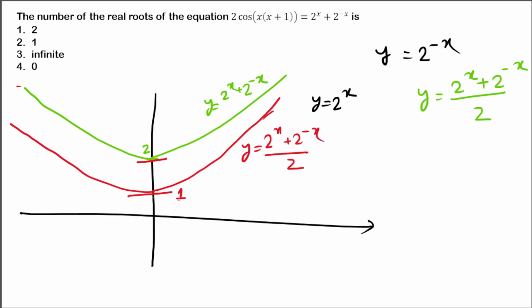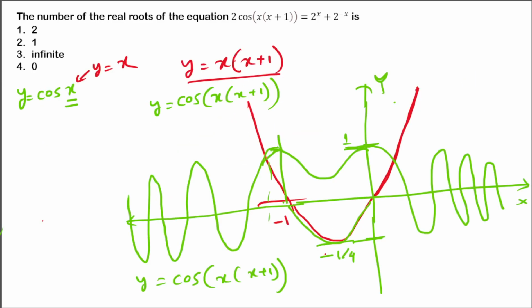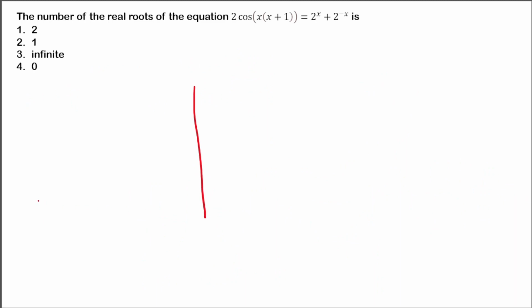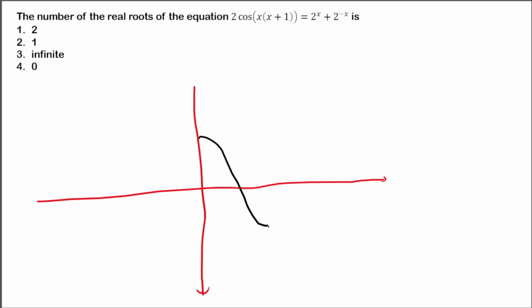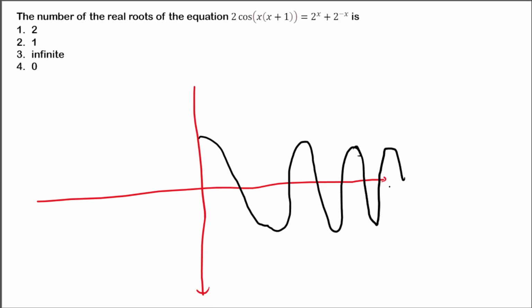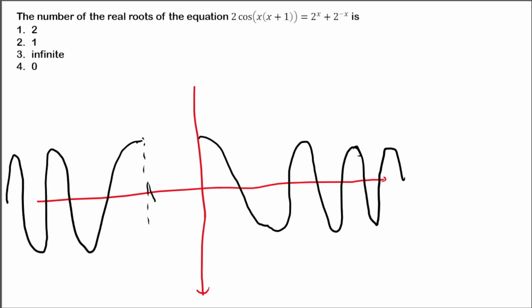Now there are two equations again. You remember this was the first equation. If we draw this again, it will be something like this. At 0 it will be like this, and it will accelerate at each point. And at minus 1 again it will be something like this, and in between it will be something like this.